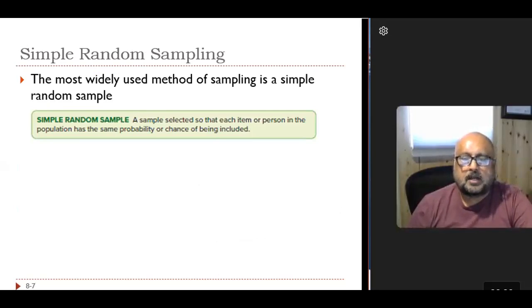Now let's look at these methods one by one. Simple random sampling is by far the most widely used because it's very simple to use. In this case, every item in the population has equal probability or equal opportunity or equal chance of being selected.